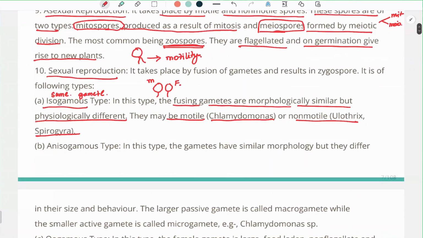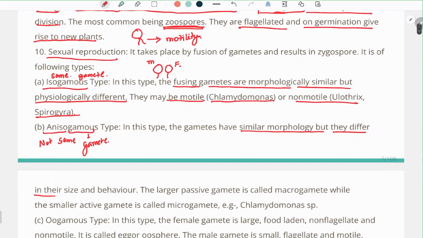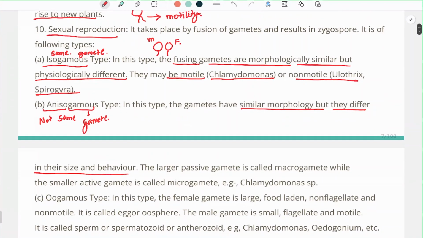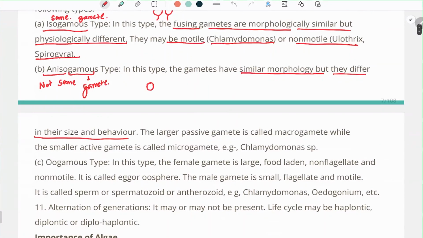Now another is anisogamous. Aniso means not same, gamous means gamete. In this type, gametes differ in their size and behavior. It means their morphology is not similar, that is, they do not have the exact same shape, size, and structure, and the physiology is different. One will be small and the other will be large.